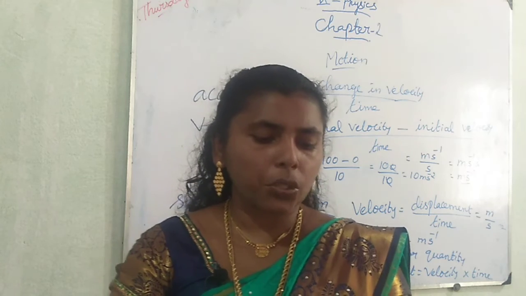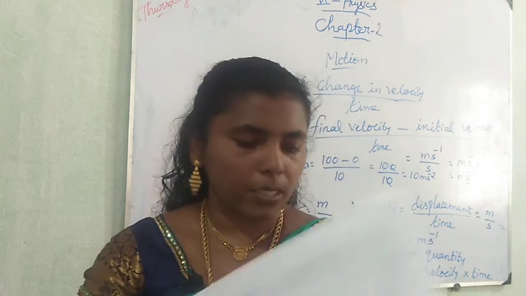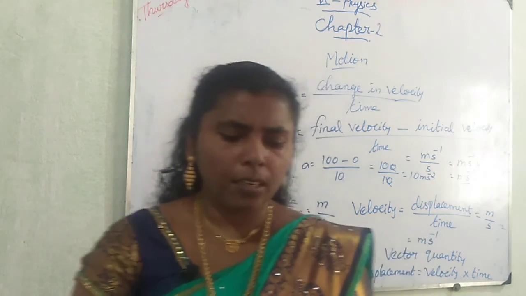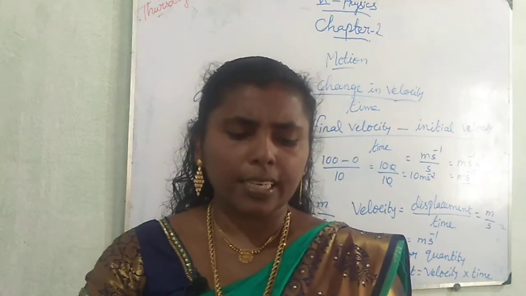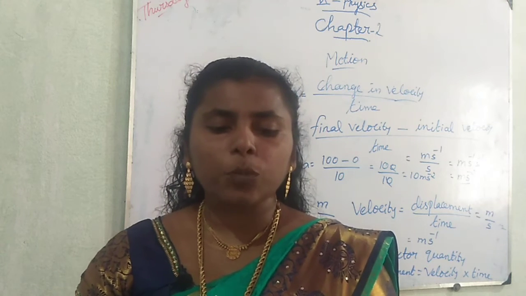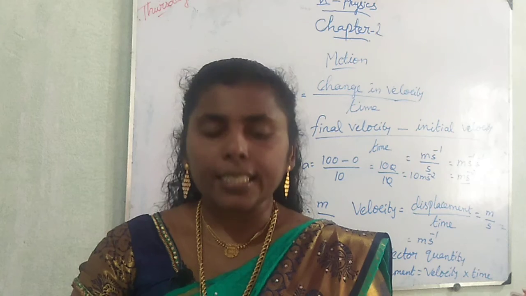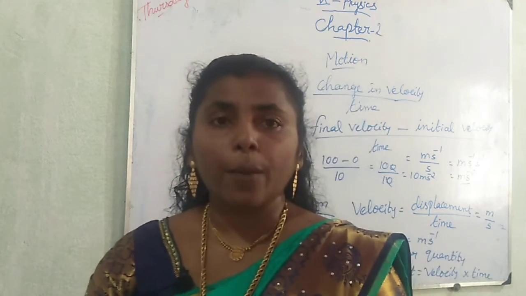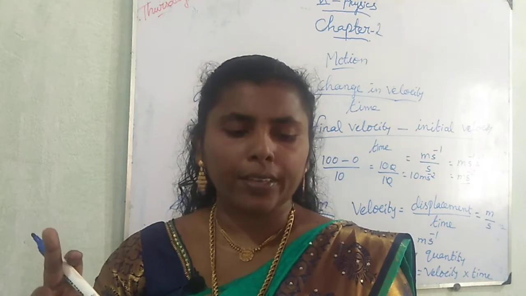The next, distinguish distance and displacement. That is page number 15. Distance is the actual length of the path travelled by a moving body irrespective of the direction. Displacement is defined as the change in position of a moving body in a particular direction. This is the first point.